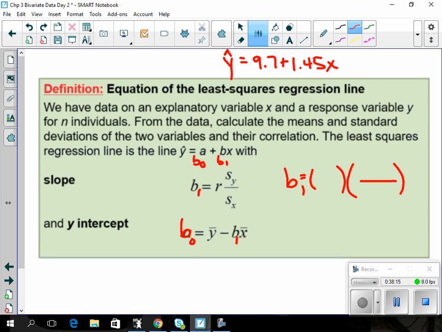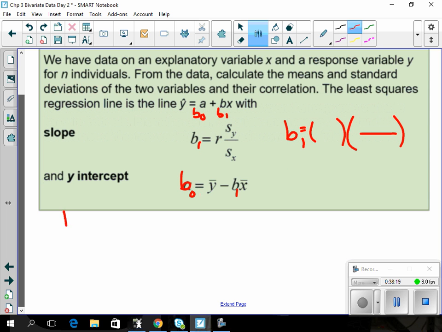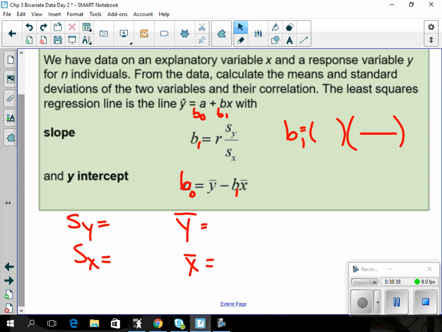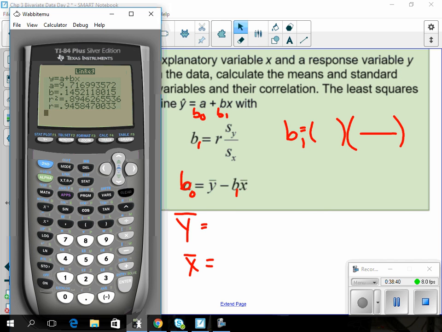Okay? So you need to be able to do these by hand. What you're going to need to do is find all of these things. Let's do that real quick: the standard deviation of y, the standard deviation of x, the mean of y, and the mean of x. How do I find those things on the calculator? Let's try it. Let's go ahead and go to STAT, CALC, and see if we can do both of them at the same time.